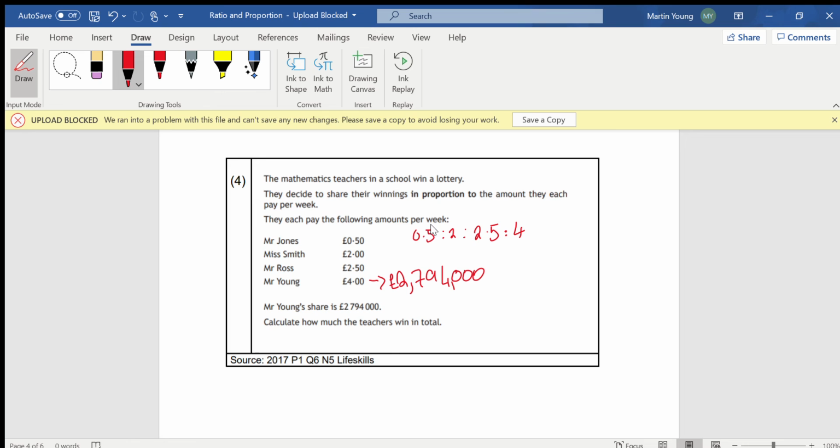What you could do if you wanted to scale it up to make that a whole number, I would be doubling all the terms, but it doesn't really matter. So that's the amount that Mr. Young gets, and that's worth 4 shares.